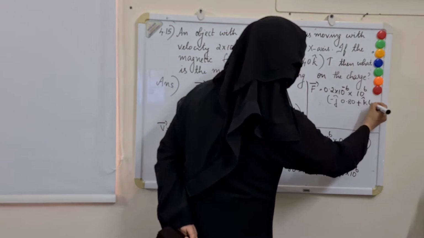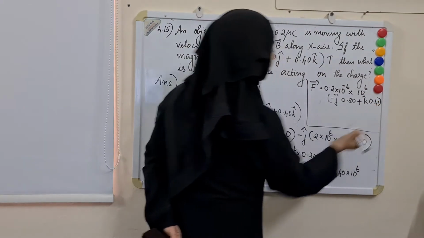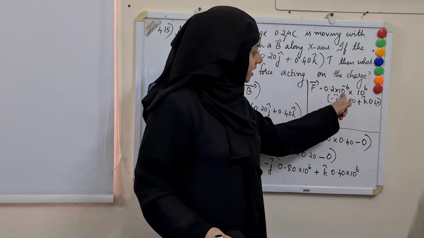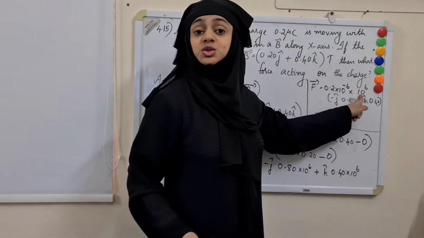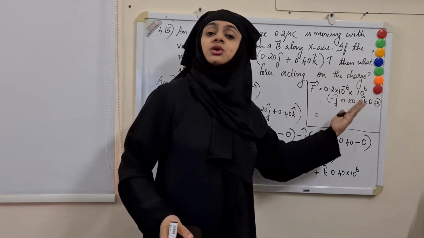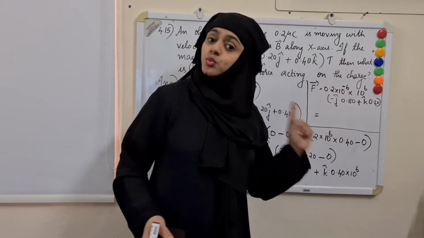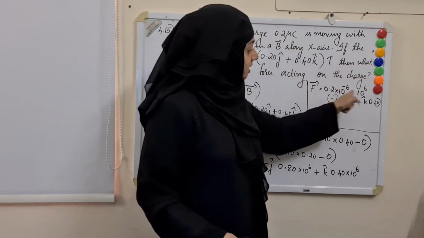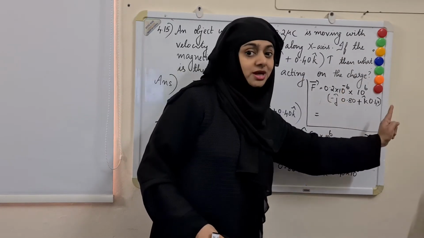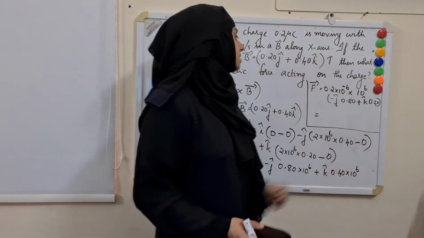K cap into 0.40. This is equal to, here 10 raised to minus 6 times 10 raised to 6. 10 raised to minus 6 plus 6. So 10 raised to 0, which is 1. So these two will get cancelled each other, or 10 raised to minus 6 is 1 by 10 raised to 6. So they get cancelled each other.